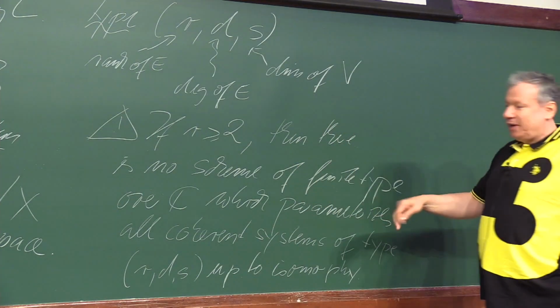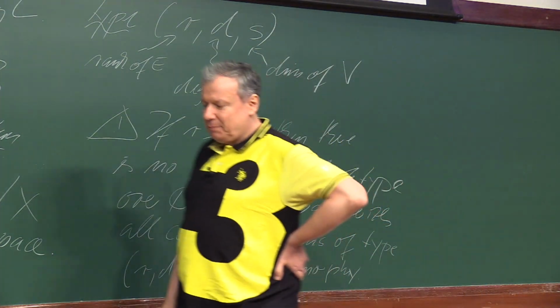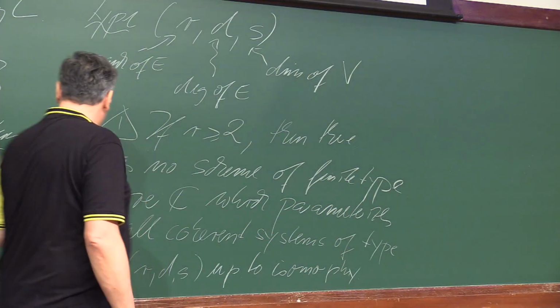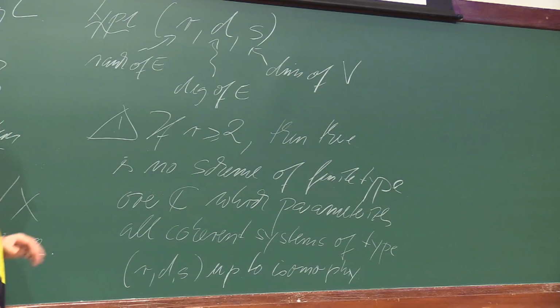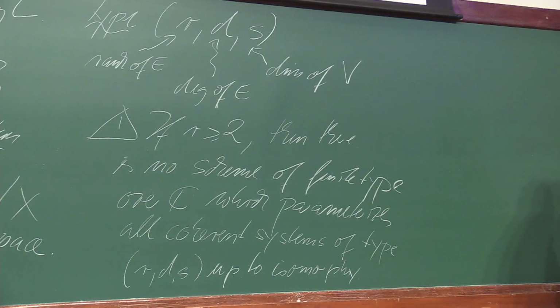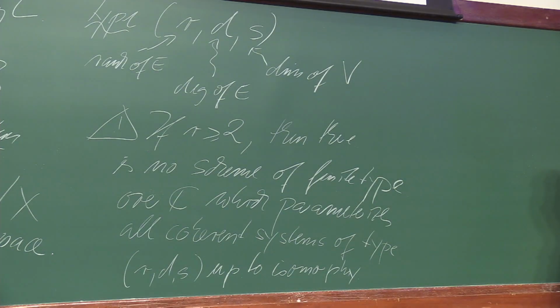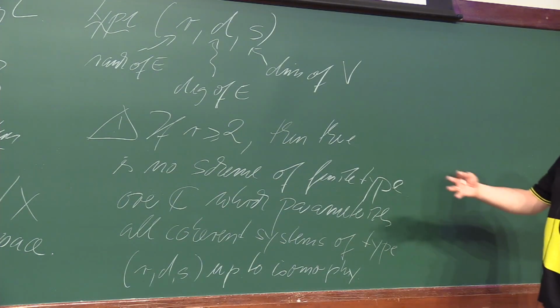So this has a precise meaning. You want that on the scheme times the curve, you have a family of such coherent systems, such that for any coherent system, you find a point in the scheme, such that the restriction of the family to that point times X is isomorphic to the coherent system you are looking at.